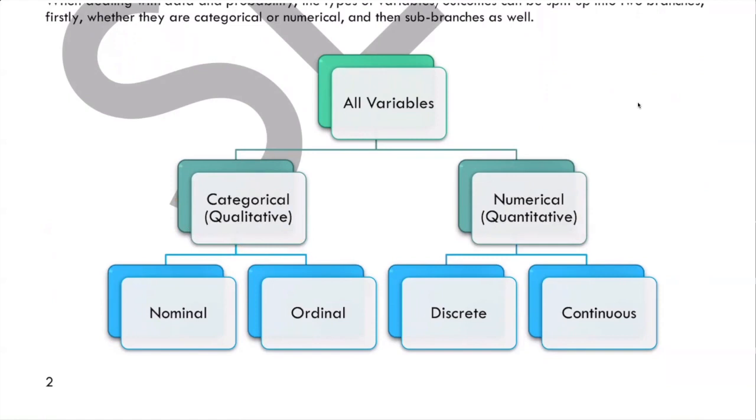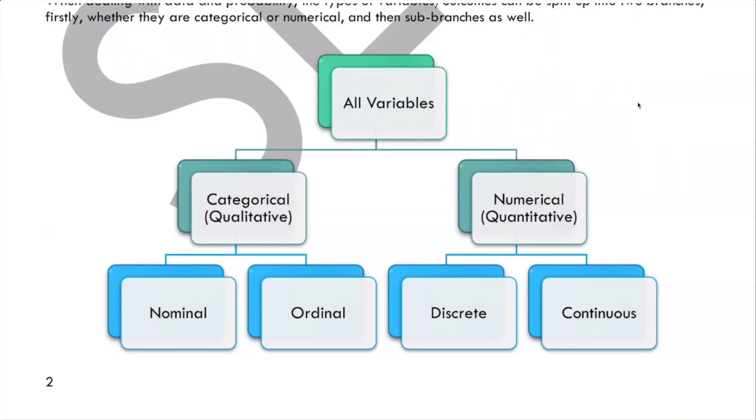They just represent different categories or subgroups. And numerical is where the outcomes are numbers. The categorical ones get split up into two other branches, nominal and ordinal.